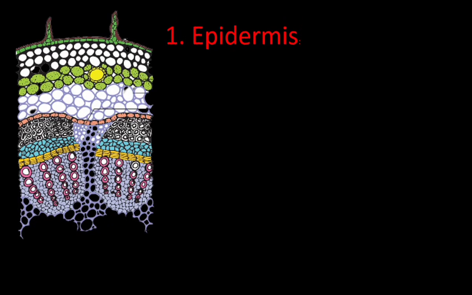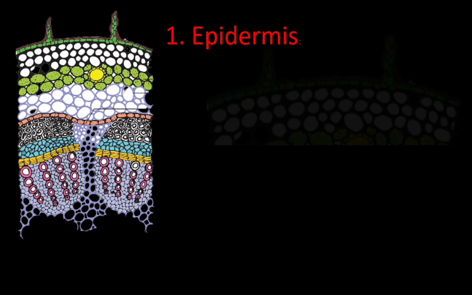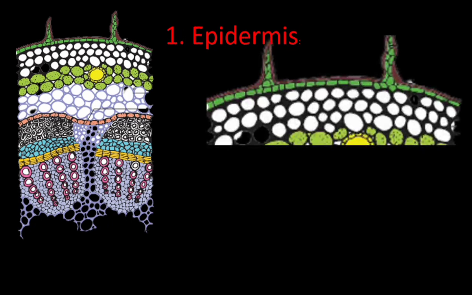Now let us see the expanded view of epidermis. Here we can see a single layer of epidermis. It is shown in green color. This epidermis is made up of parenchyma cells. Single layer of parenchyma cells form epidermis.